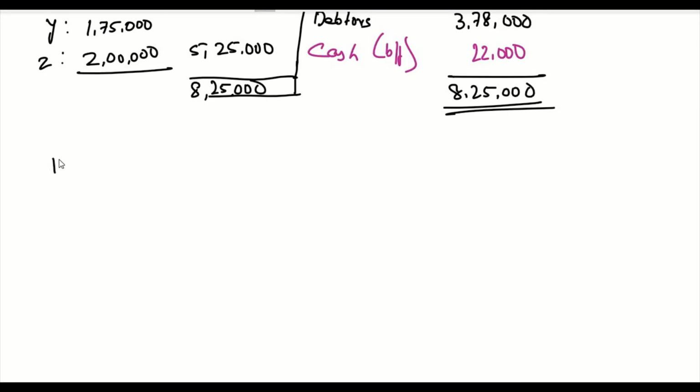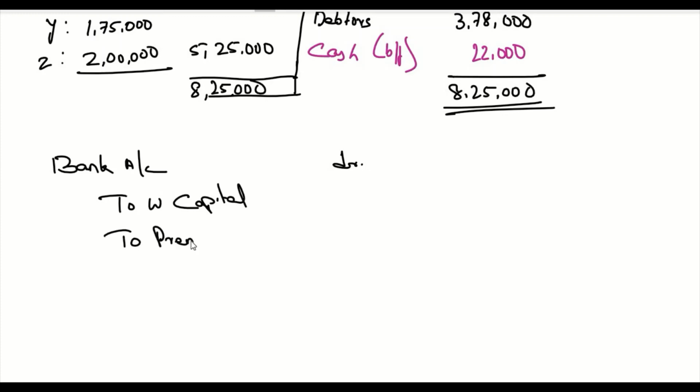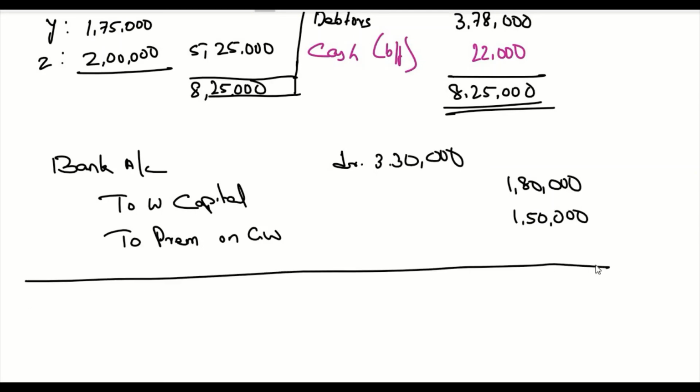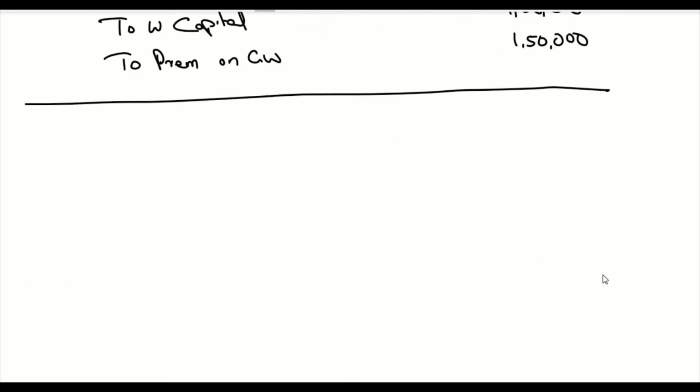So it's going to be bank account debit to W's capital, to premium on goodwill. That is 1,80,000 and 1,50,000. Total of this is 3,30,000. So the first journal entry is bringing in capital and goodwill.